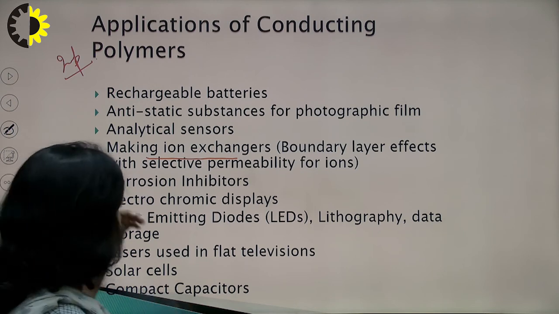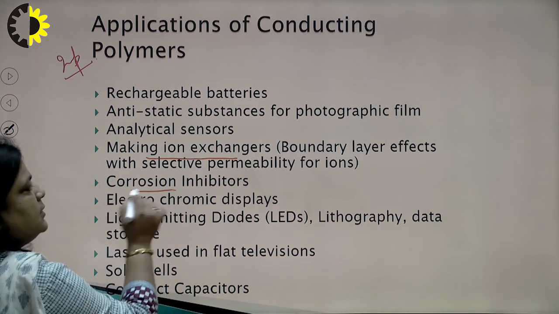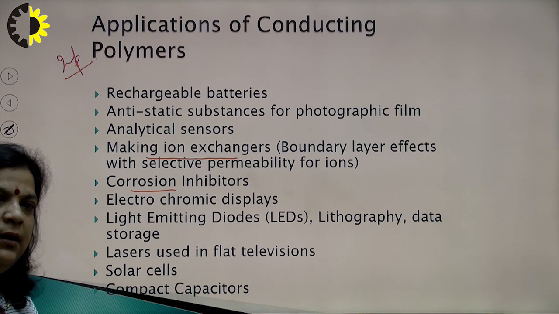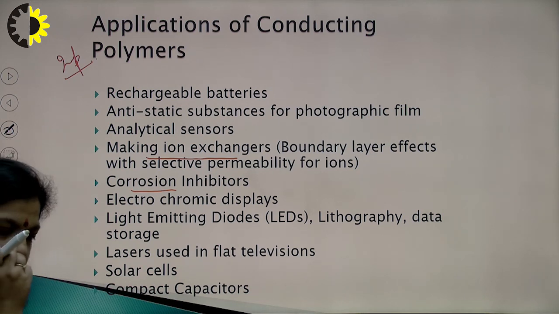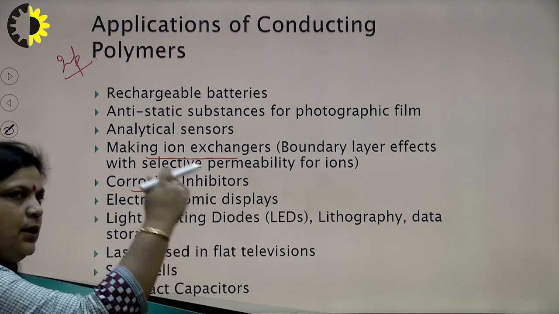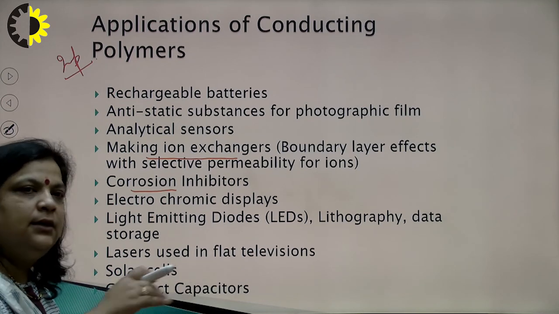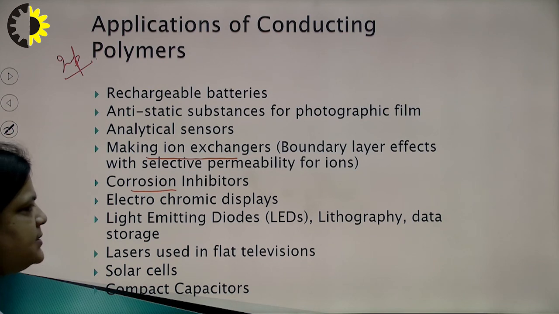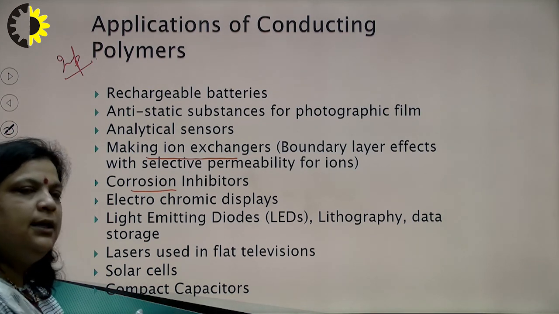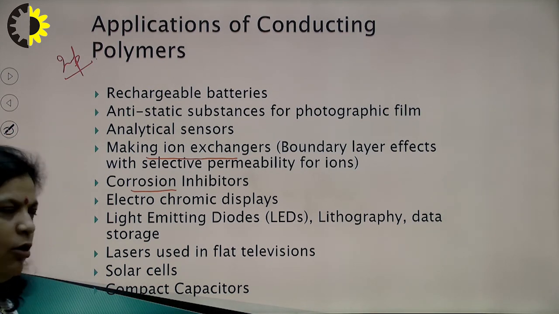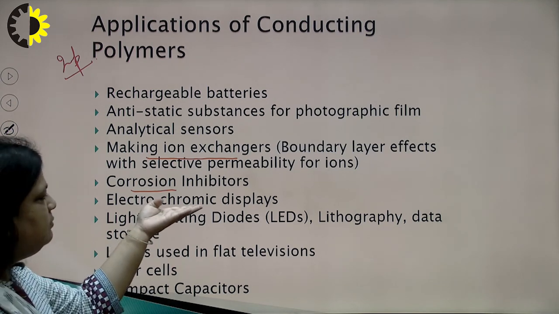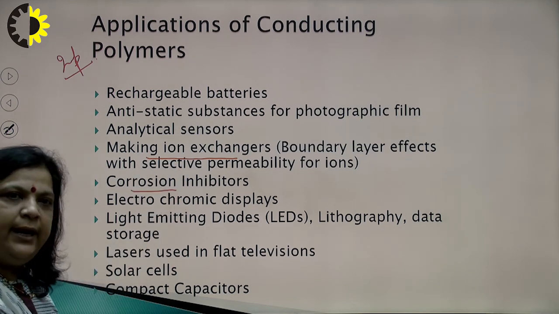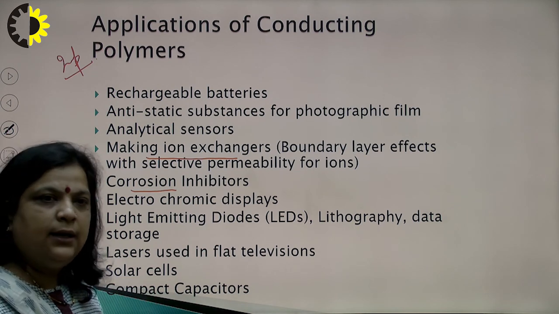chemotherapy. It is used as a corrosion inhibitor, that is, it stops the ions which lead to corrosion. Used in electrochromic displays, which change color with the light frequency, or basically they absorb visible light and show its complementary color.